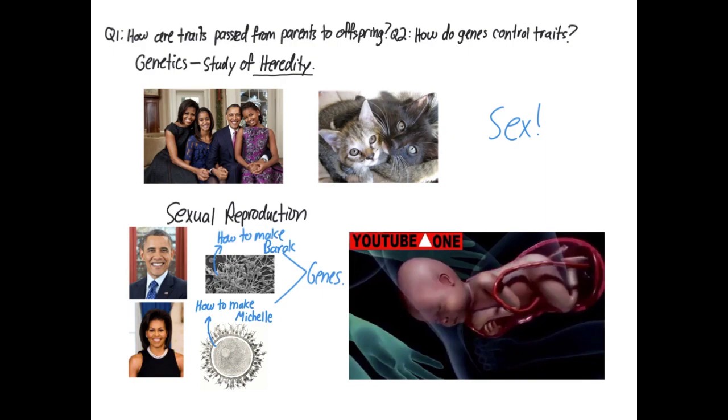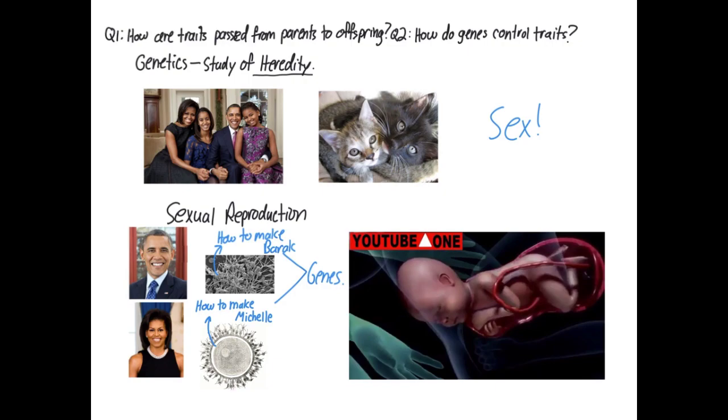So roughly half of the instructions for how to make a person come from dad's genes, and roughly the other half are coming from mom's genes, which are packaged into the sperm and egg respectively. So we've answered our first question. How are traits passed from parents to offspring? Through the inheritance of genes, delivered by sperm and egg during fertilization.